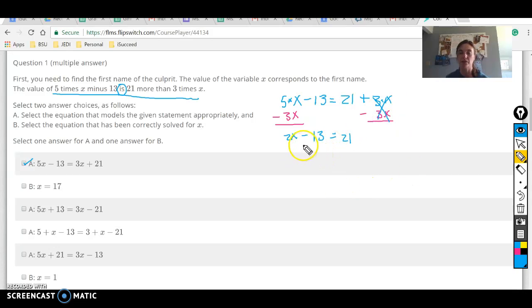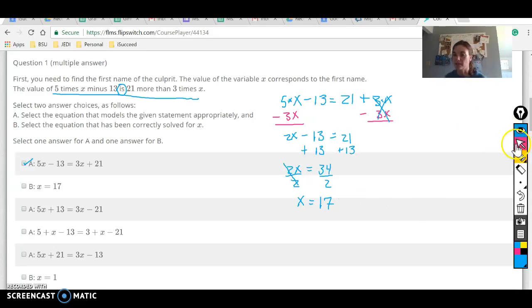And now I'm going to add 13 to both sides to cancel it out on the left. So when I do that, I get 2x plus 0, so 2x equals 34. And now, last but not least, if I divide both sides by 2, it'll cancel this out, and I'll be left with x equals 17.